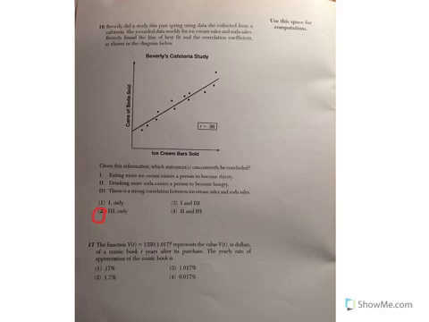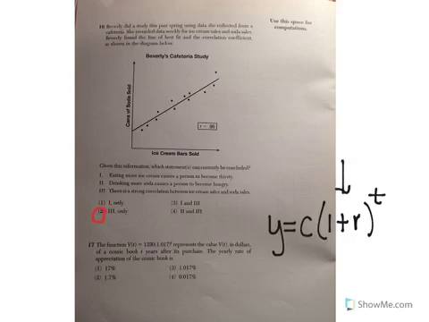Well, if you remember, here is the formula for exponential growth. And the reason I know this is growing exponentially is because it is a value that is greater than 1. If it was less than 1, then it would be decay. So, 1.017.